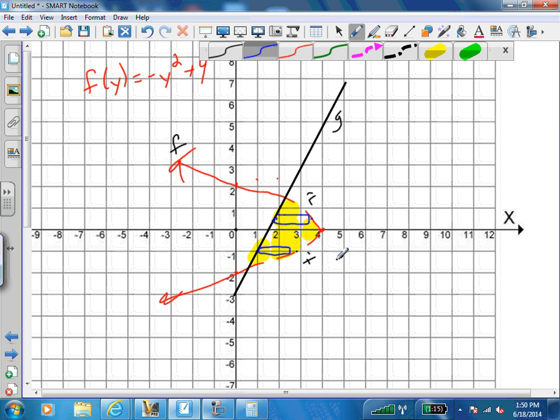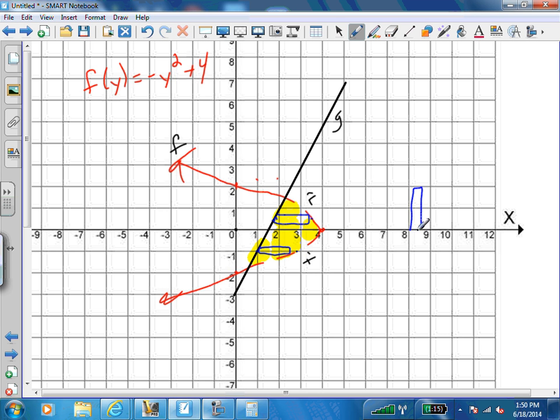So if we have a vertical rectangle, the width is dx. It's the change in x. If we have a horizontal rectangle, though, the width is the change in y, so dy.